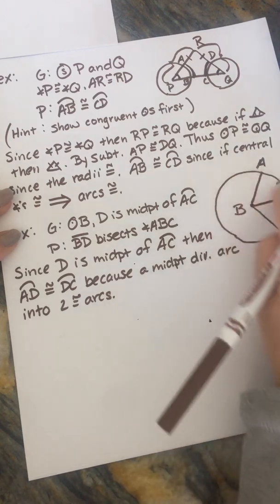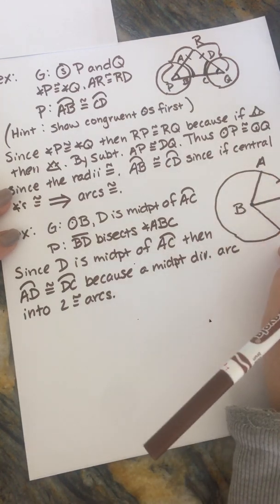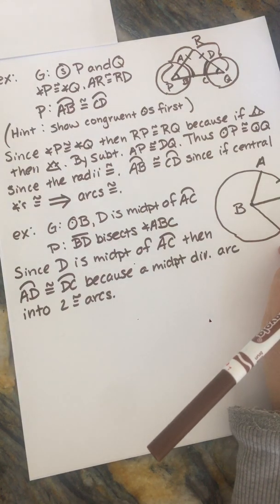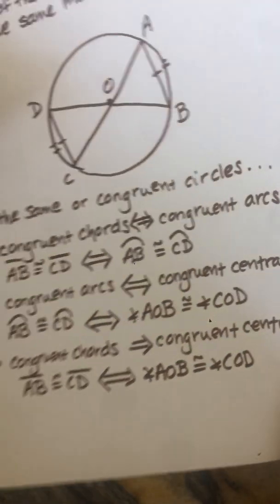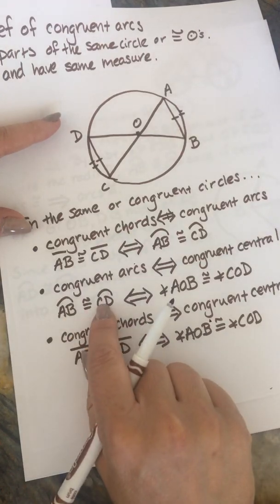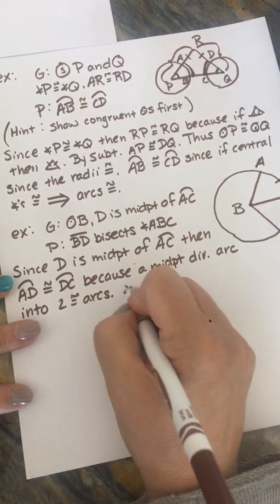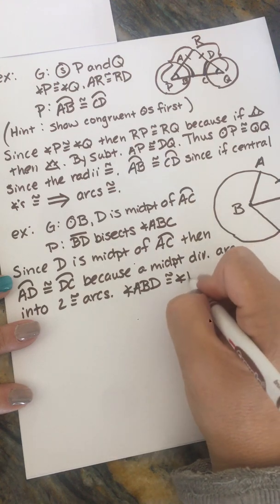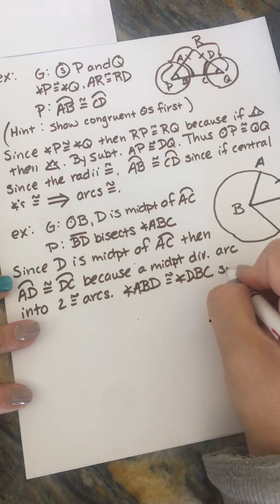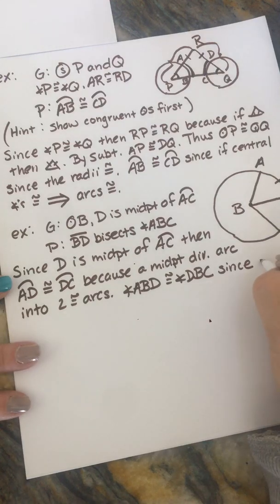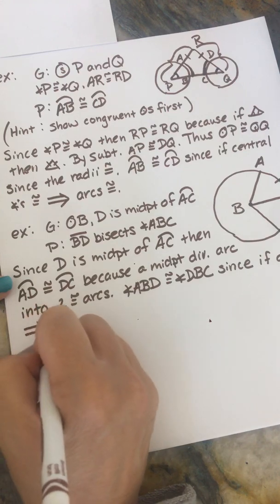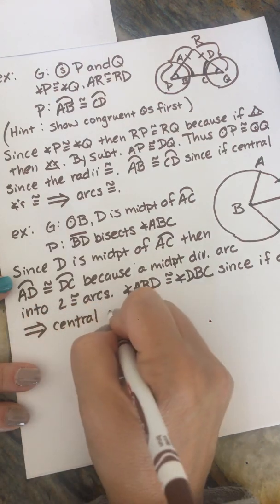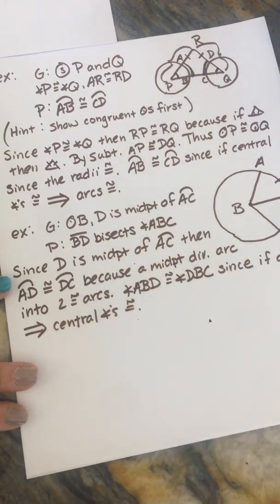All right, we are in the same circle. We have congruent arcs. So let's go back to our theorems from today. If the arcs are congruent, then the central angles are congruent. So we can say angle ABD is congruent to angle DBC, since if arcs are congruent, then central angles are congruent.